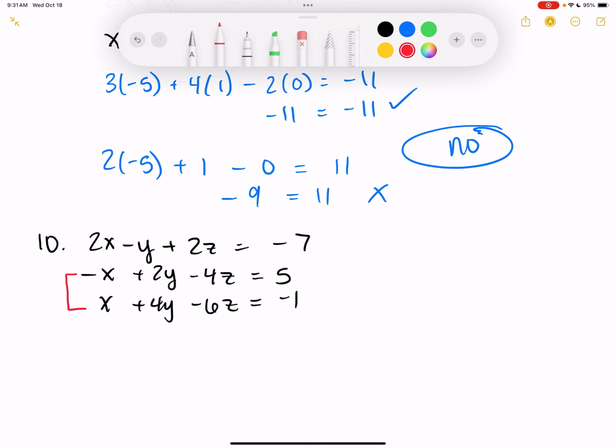And whatever variable you cancel for the first one, you also have to cancel for the second one. Okay, so when I cancel these x's, I get left with 2y minus 4z is equal to 5, and 4y minus 6z is equal to -1.